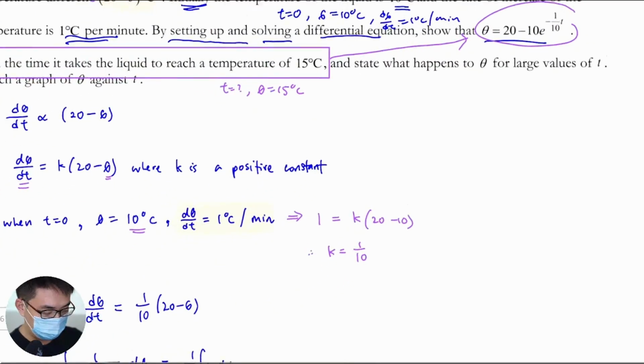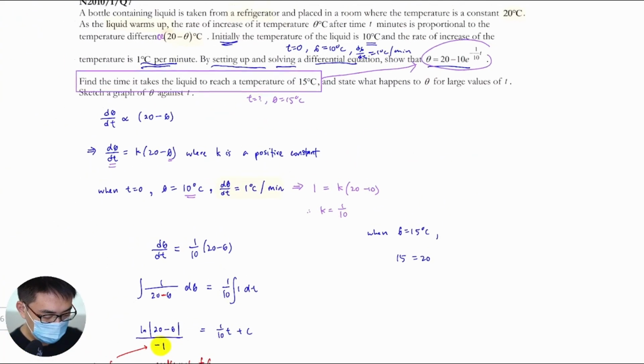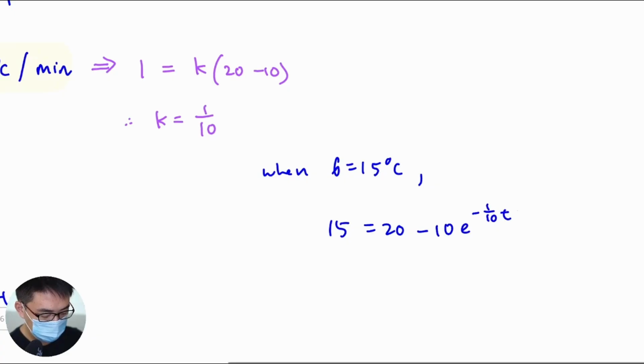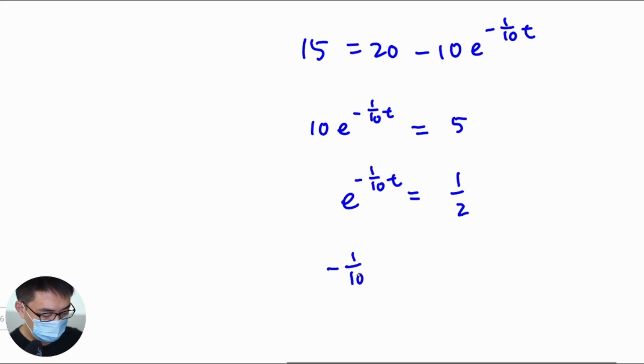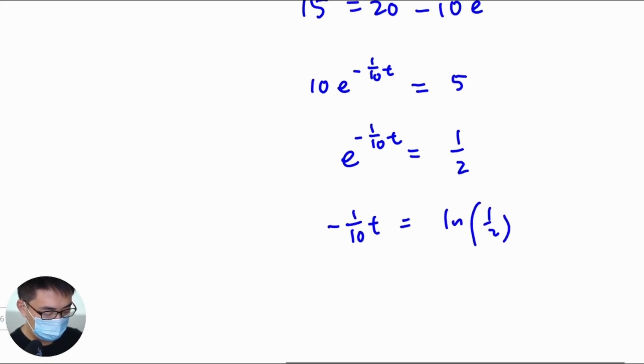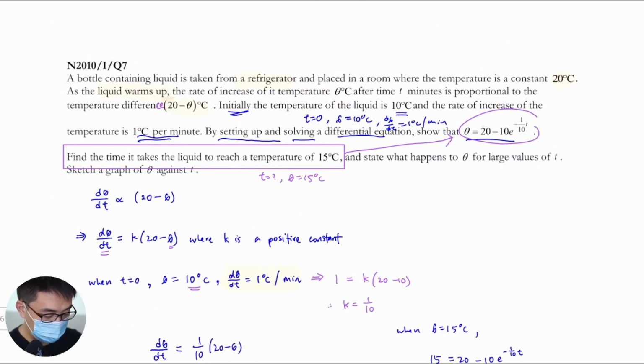The negative can be brought up, so this is 10 ln 2. 10 ln 2 minutes.